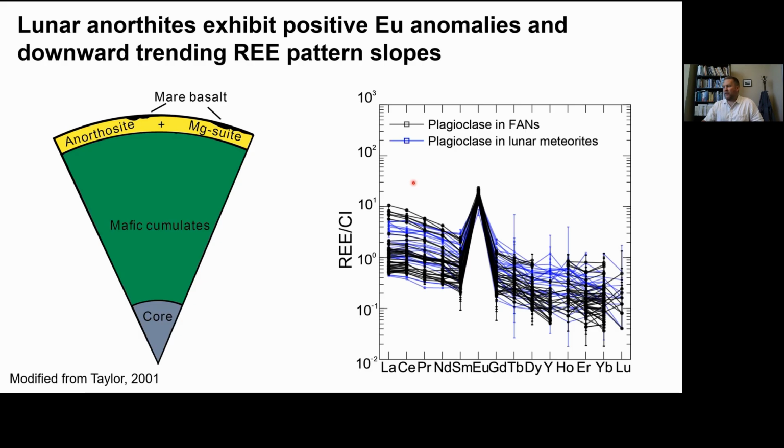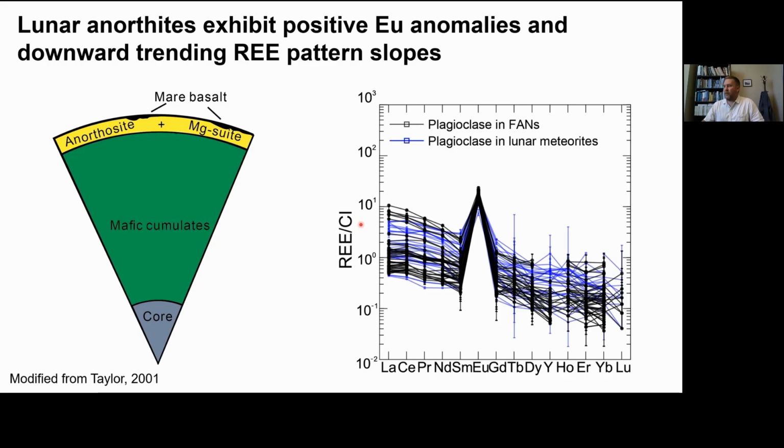And there are a couple characteristic features of this pattern that I want to point out. I guess first of all, I'll mention that these elemental abundances are chondrite normalized, so that is just a convenient way to remove nucleosynthetic anomalies from elemental patterns, so that anomalies with geologic significance can be understood.